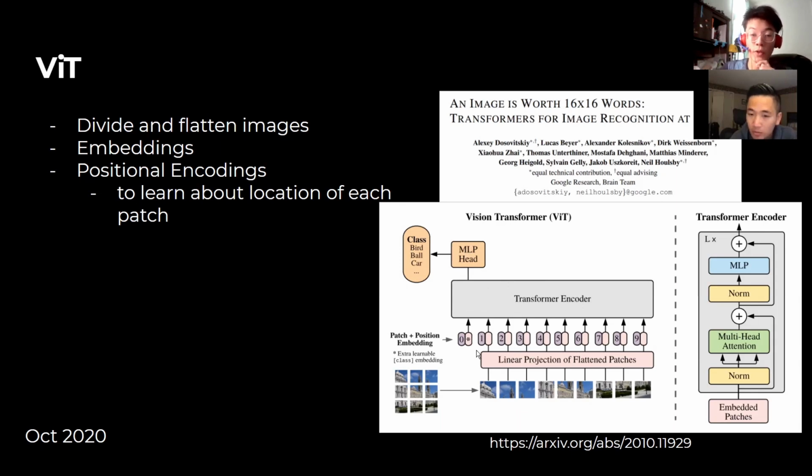And for each of these patches, we linearly project it, and usually that means a dense layer that can be trained to extract features within these patches. And we also add a positional encoding after you project it, to weight a representation of those patches. Basically, this positional encoding is different from the base transformer.